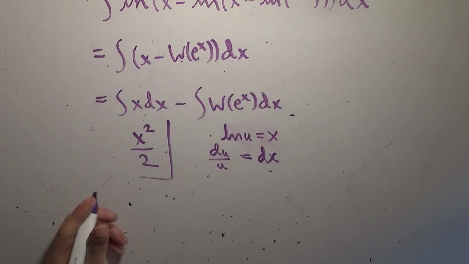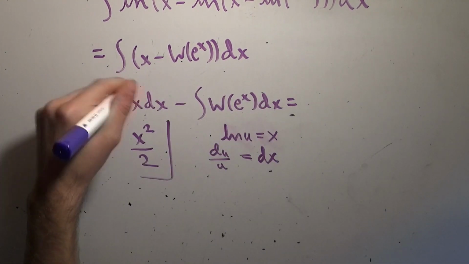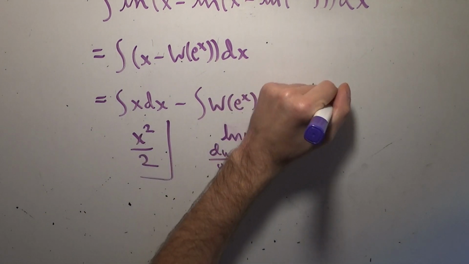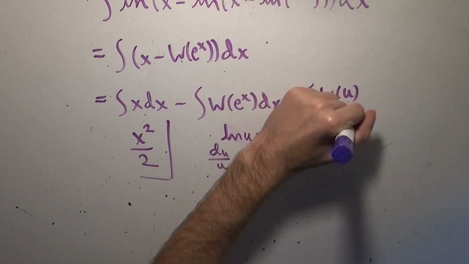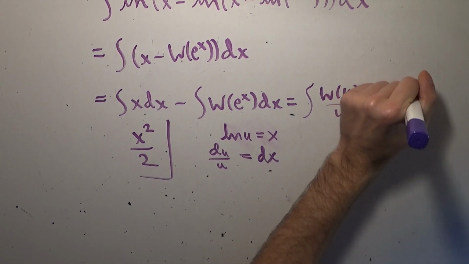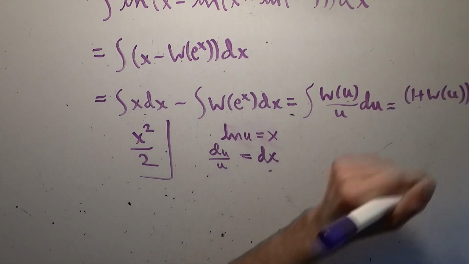So simple substitution, and for this specific integral right here, we're not looking at the other one anymore, we get the integral of W of u over u du, which we've done before in another video of mine, and this is just 1 plus W of u all squared.